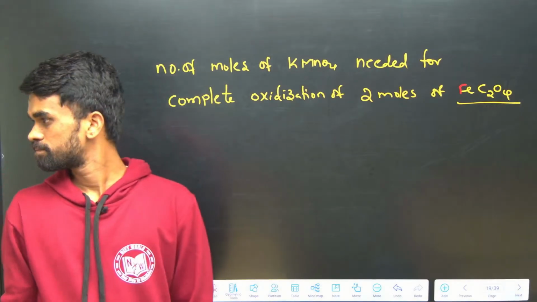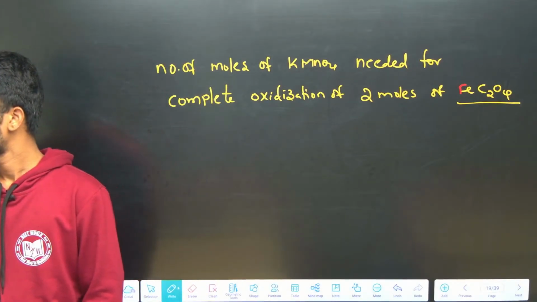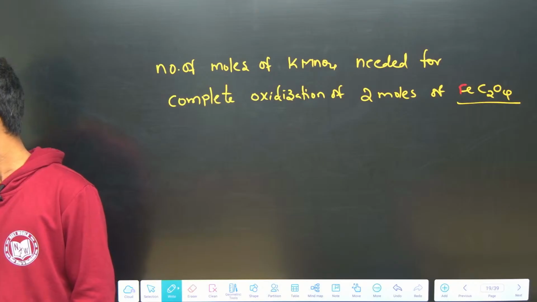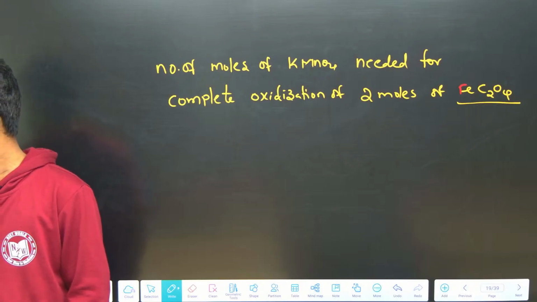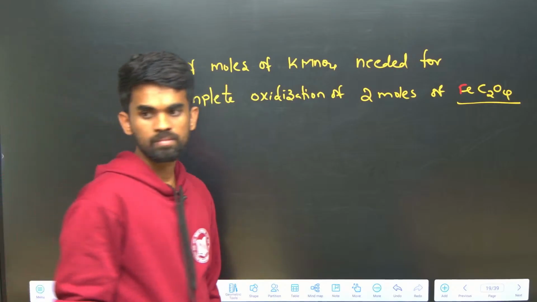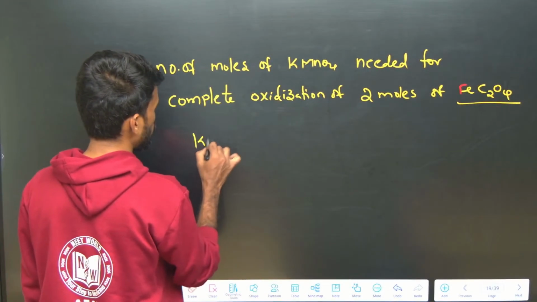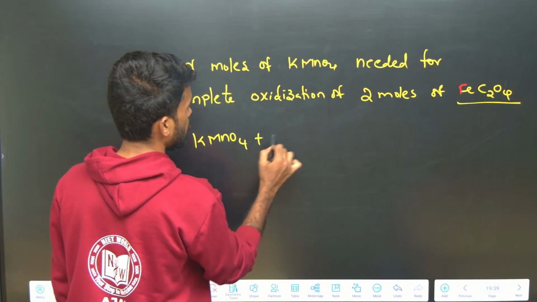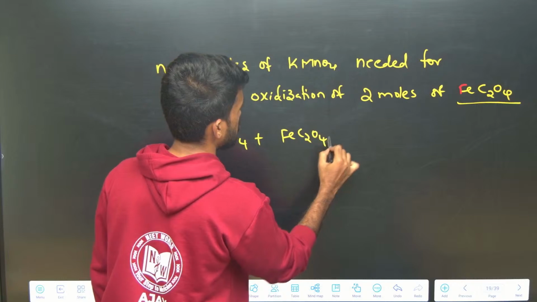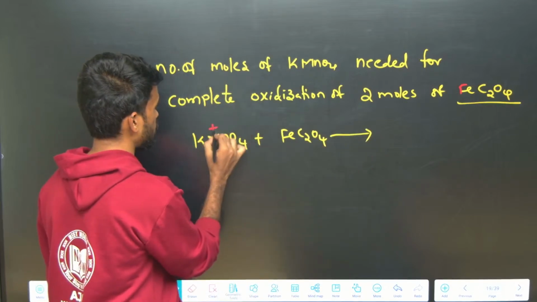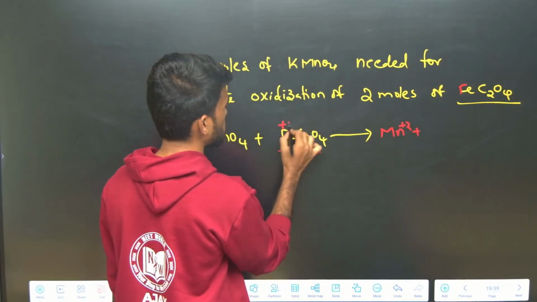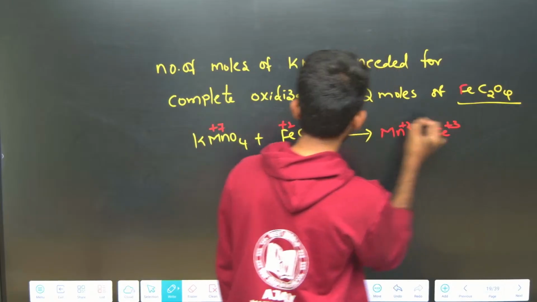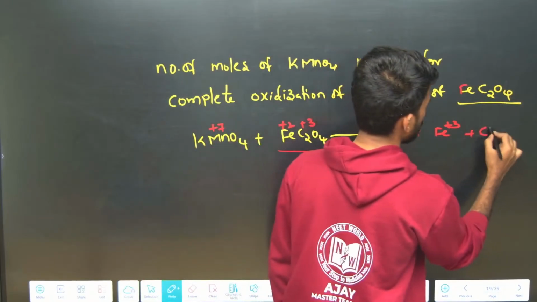What is your answer? So what I told you, here we have KMnO4 and ferrous oxalate. What I told you in the last class: +7 converts into +2 here, and iron here +2 converts into +3, and oxalic acid from +3 converts into +4 in CO2.